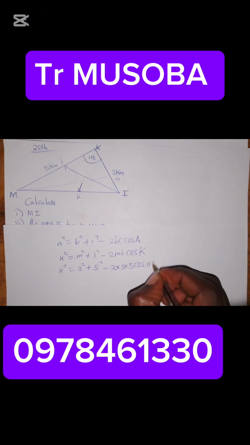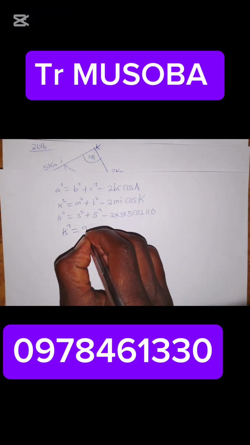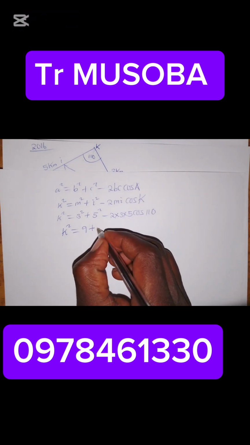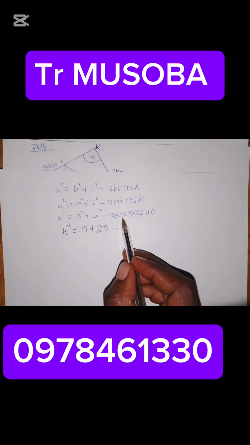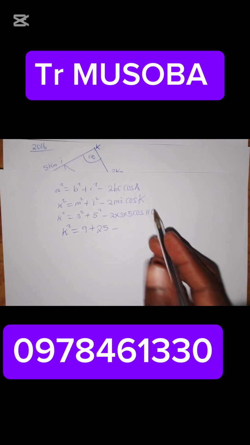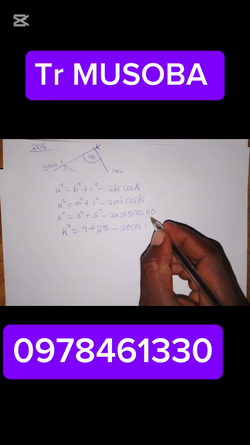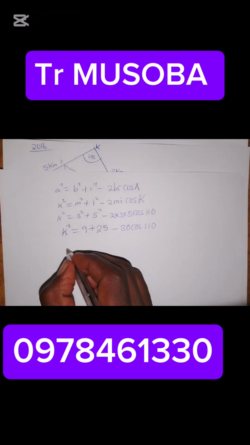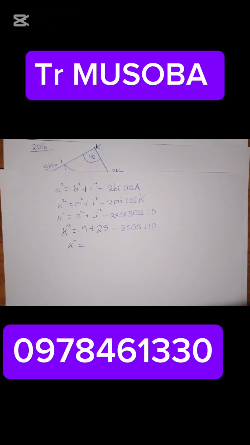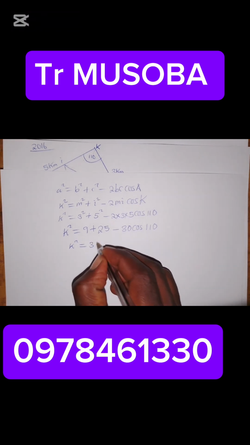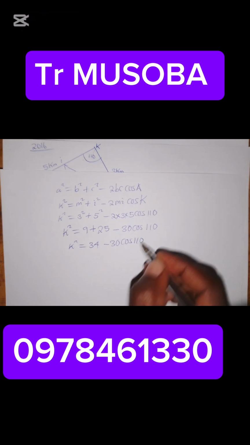So 3 squared is 9, plus 5 squared is 25, minus 2 multiplied by 3, that is 6, 6 multiplied by 5, that is 30. So we have 30 cos 110. Then K squared is equal to 9 plus 25, we are getting 34, minus 30 cos 110.